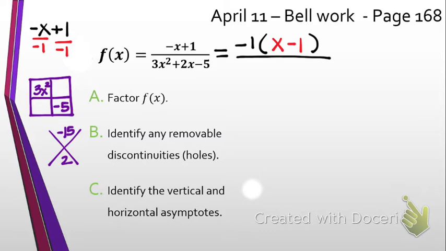So what would be your numbers that multiply to be -15 and add to 2? Yep, -3 and +5. Good job. So let's put our 5x and our -3x, and then take out your GCFs.